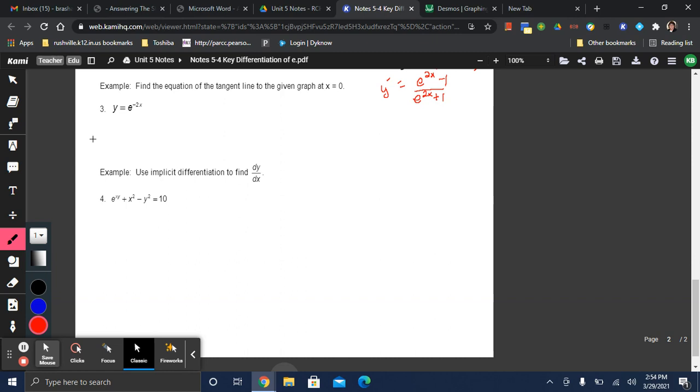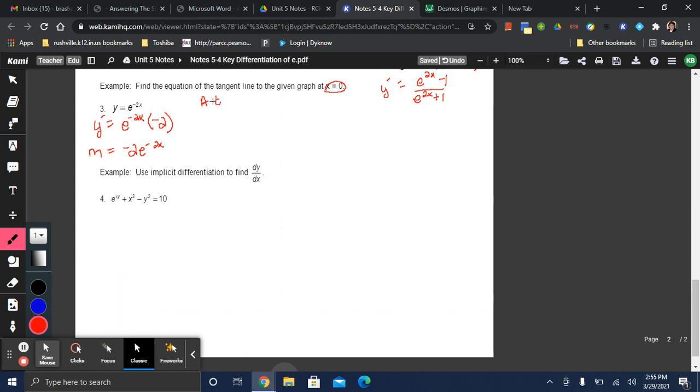So if we start off with your derivative, y prime would equal, we keep e and its exponent, and then we multiply by the derivative of the exponent. So your slope formula is negative 2e to the negative 2x. So then we have at x equals 0.